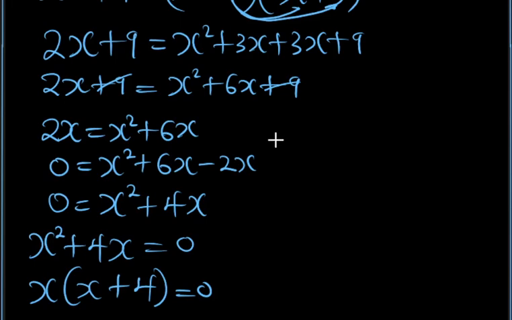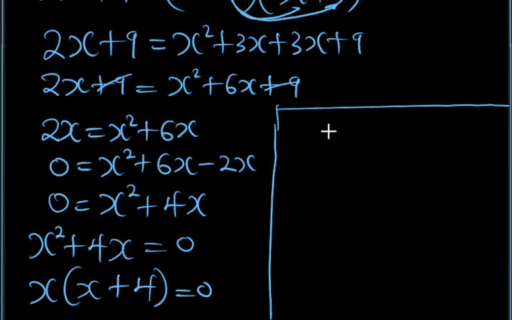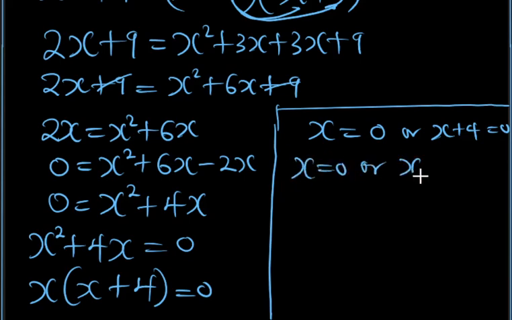So let me finish it up here. So x equal to 0 or x plus 4 equal to 0. So x equal to 0 or x is equal to -4.